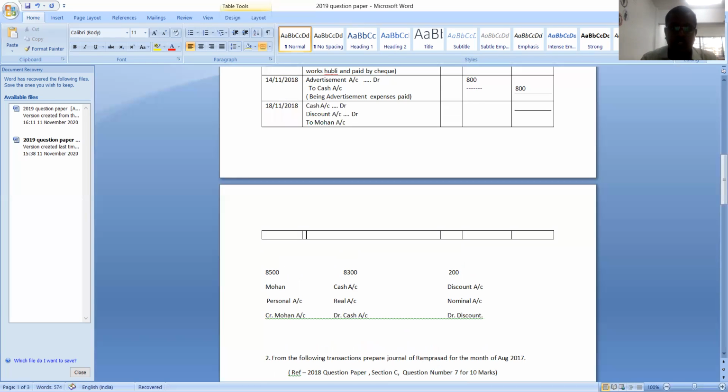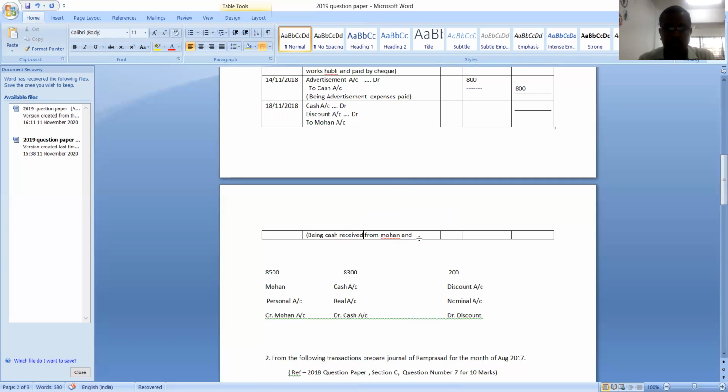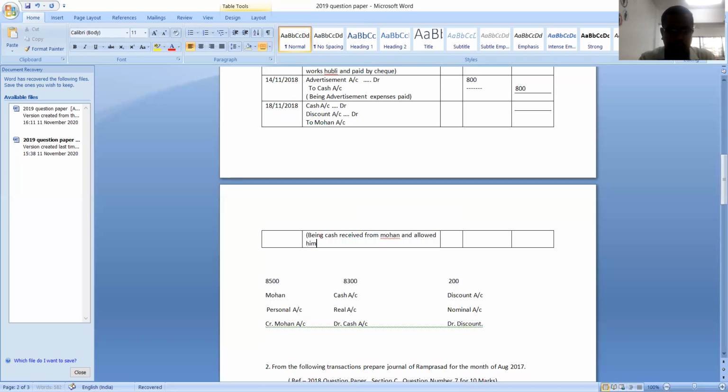Now, in the next line, we should write the narration. What narration should we write? Being cash received from Mohan and allowed him discount.